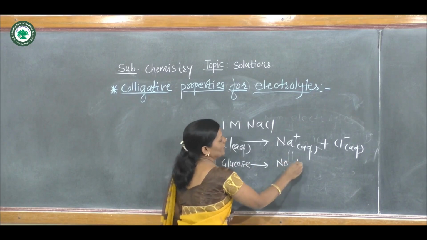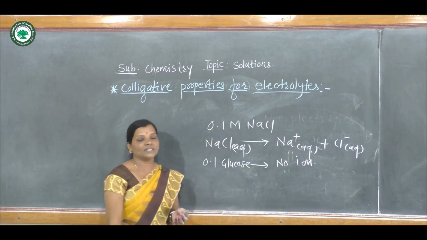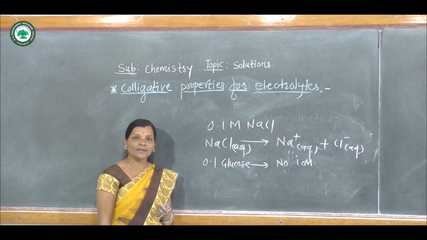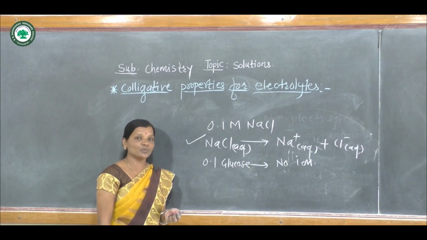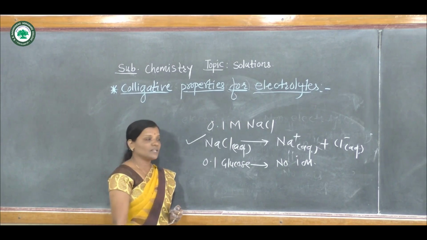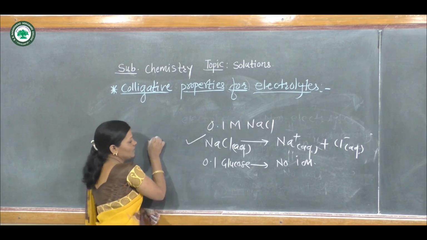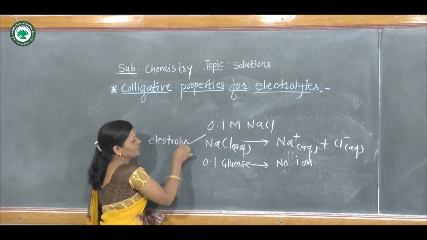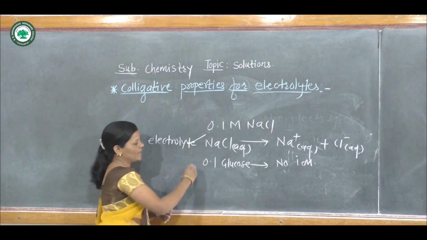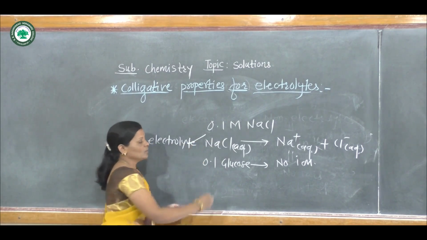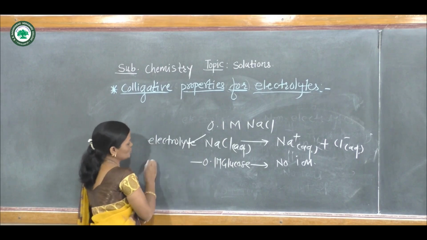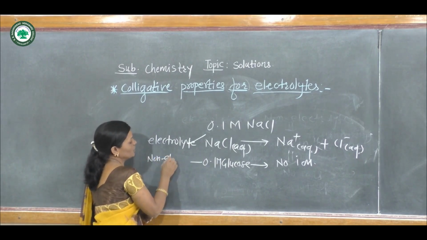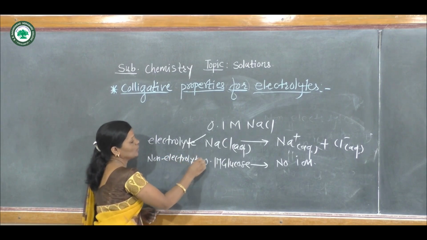NaCl completely dissociates in aqueous solution and produces Na plus and Cl minus ions, so NaCl is an electrolyte. Glucose, when dissolved in water, produces no ions, so the glucose solution is non-electrolytic.